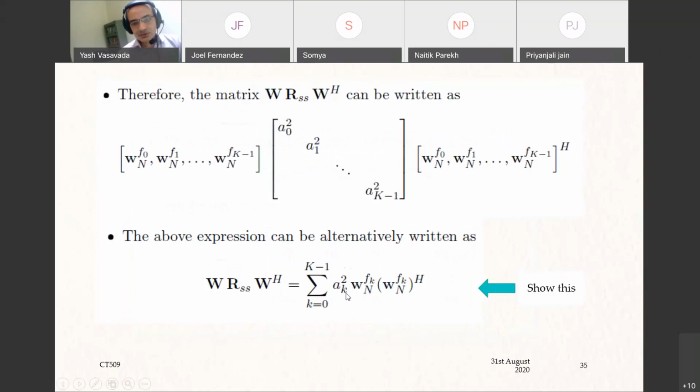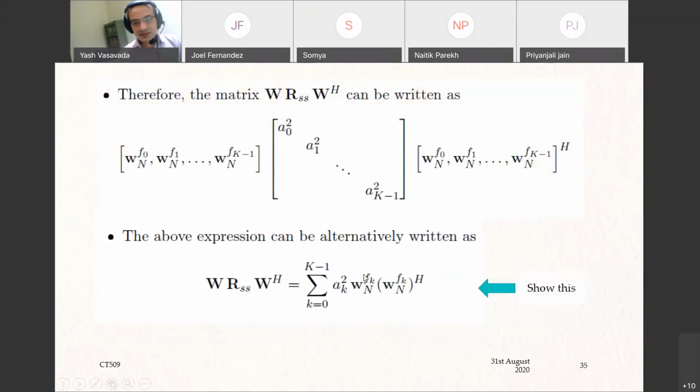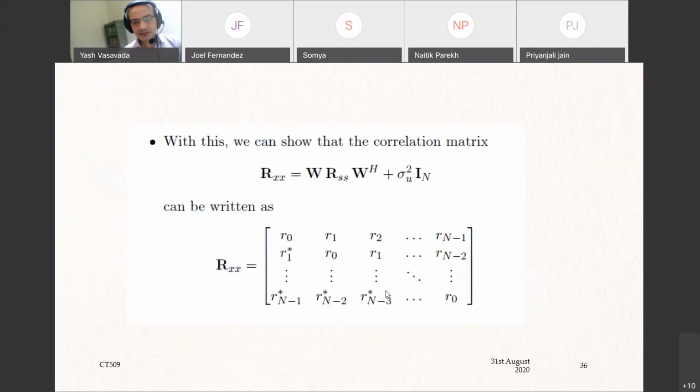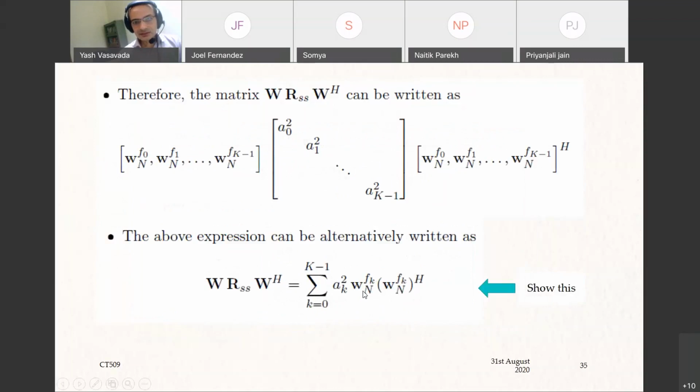Now, all you have to show is that, you will see that there is a structural similarity between what I am writing here and the expression of R of L. So all you have to show is that these terms here end up being nothing but exponential of j2 pi f_k L. Alternatively, here there is no dependence on the time index n, which makes sense because these W terms don't have any dependence on index n, if you remember that.